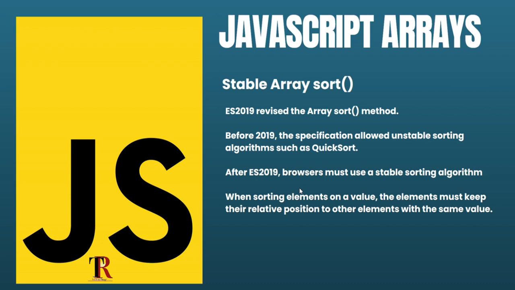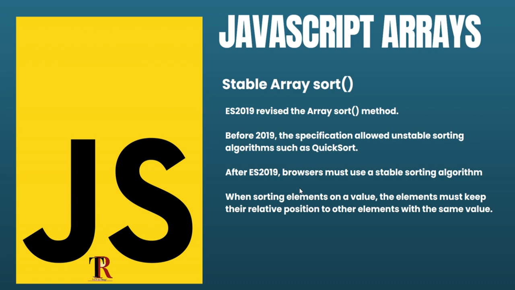ES 2019 revised the array sort method. Before 2019, the specification allowed unstable sorting algorithms such as quick sort. After ES 2019, browsers must use a stable sorting algorithm. When sorting elements on a value, the elements must keep their relative position to other elements with the same value. So when you are sorting elements, what if two items are equal?